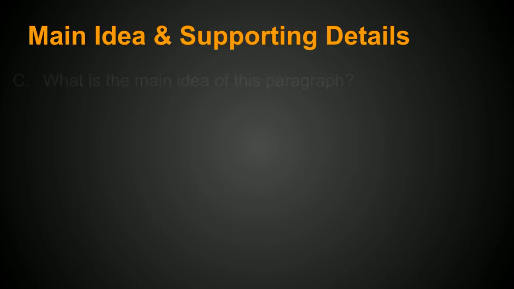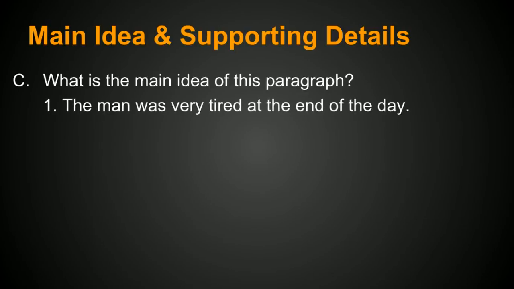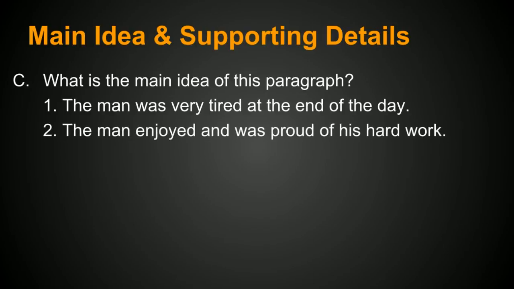Okay, so let's think about the main idea here. What do we think the main idea of this paragraph is? Okay, number 1, the man was very tired at the end of the day. Number 2, the man enjoyed and was proud of his hard work. So which one do we think it is? It'd be the second one. The man enjoyed and was proud of his hard work.